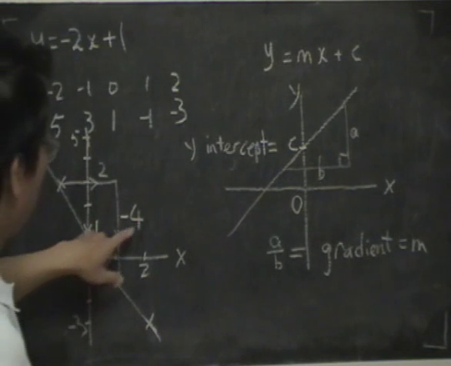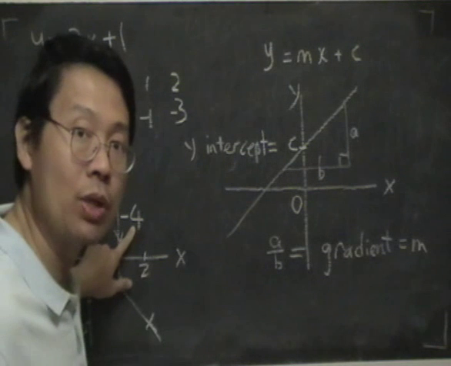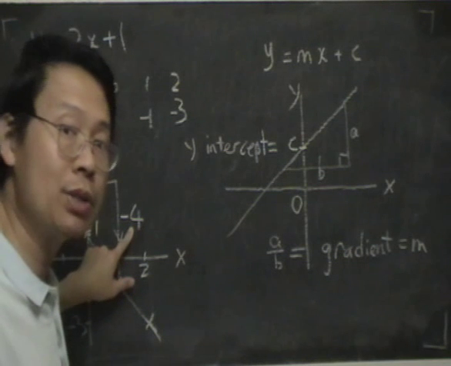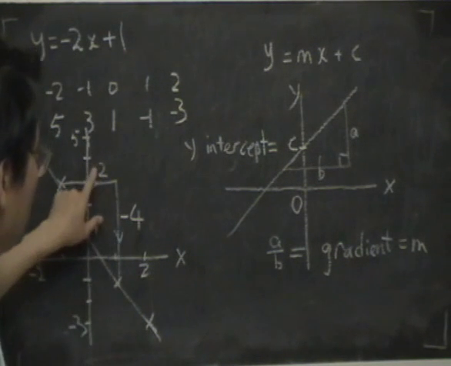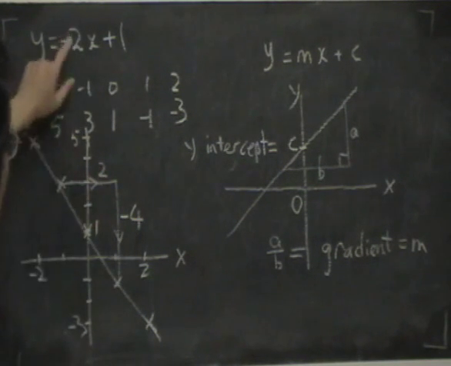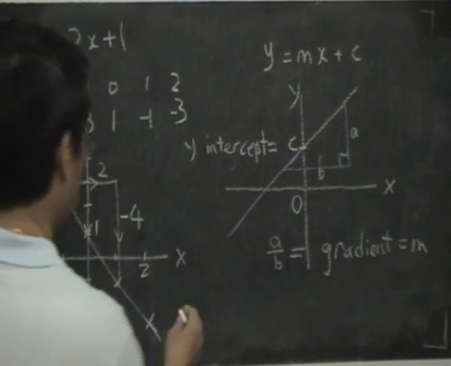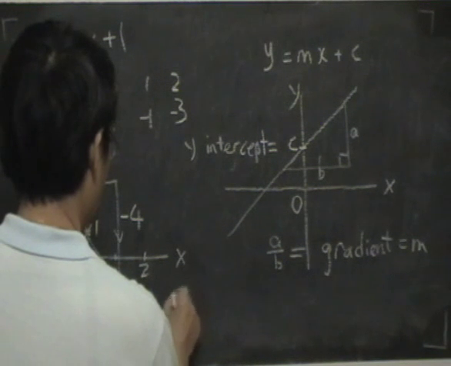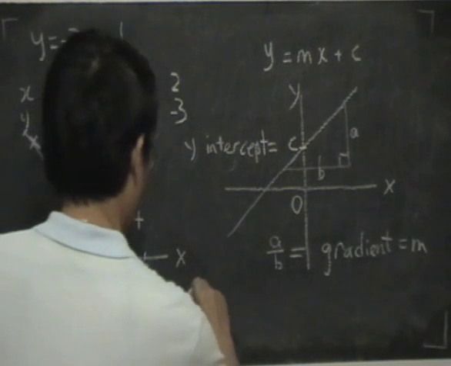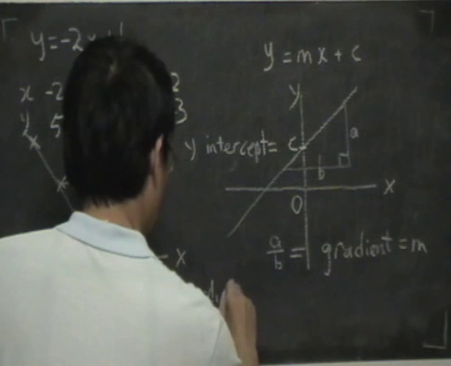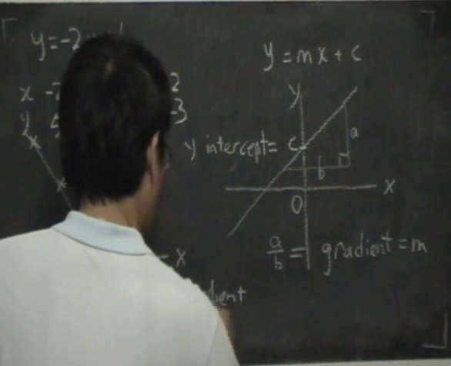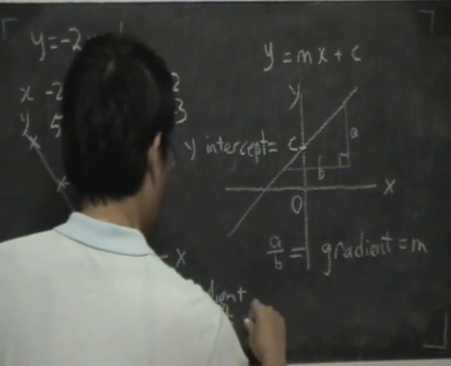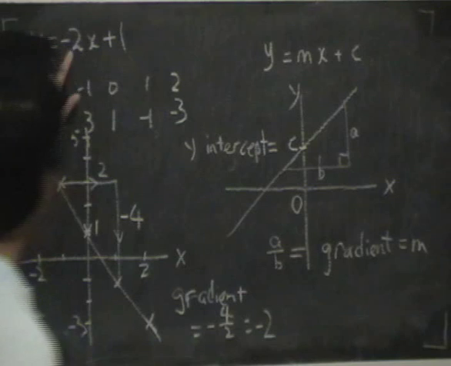So then the gradient in this case would be the vertical distance divided by the horizontal distance, which is -4 divided by 2. -4 divided by 2 is -2. So let me write that down. So in this case, the gradient is equal to -4/2, which is -2. And that's that.